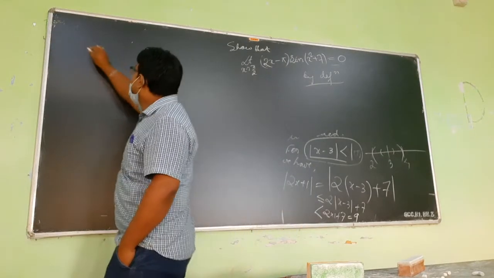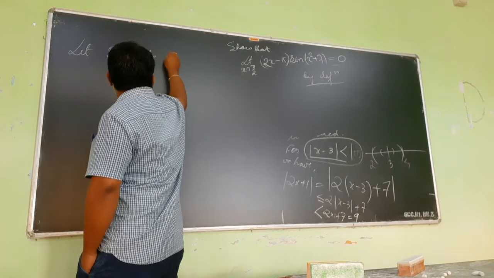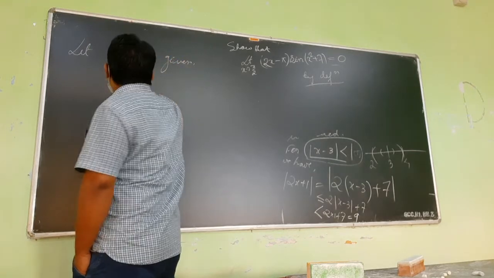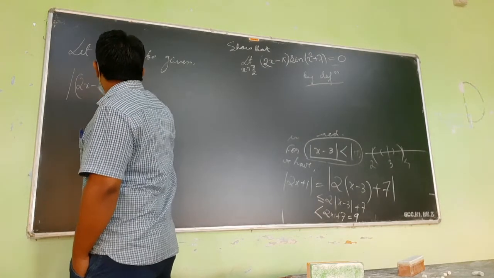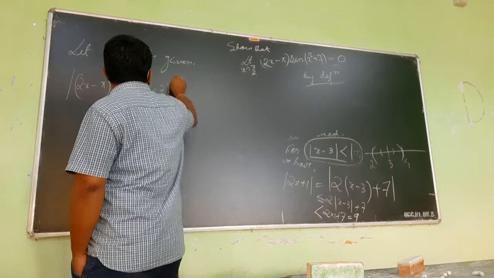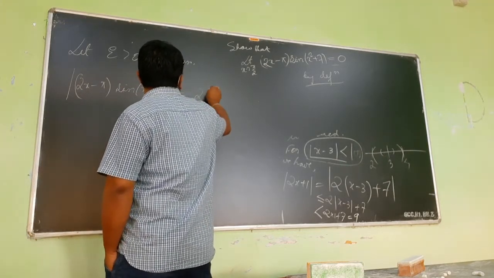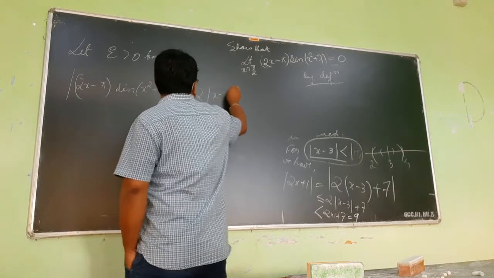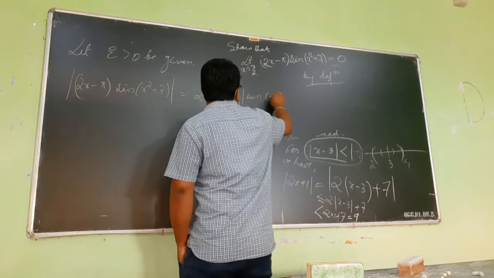So you start with an epsilon greater than 0 given. The mod of twice x minus pi multiplied with sine of x square plus 7 will be equal to 2, taking the common factor, 2 into mod of x minus pi by 2 multiplied with sine of x square plus 7.